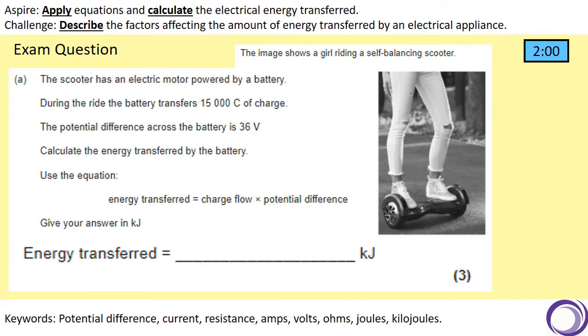Next exam question then. This time we're using E equals QV. Now this, probably on a foundation paper, it's given you the formula. It says use the equation, and sometimes they do. And it wants the answer of the energy transferred in kilojoules and not joules. So 2 minutes, off you go.